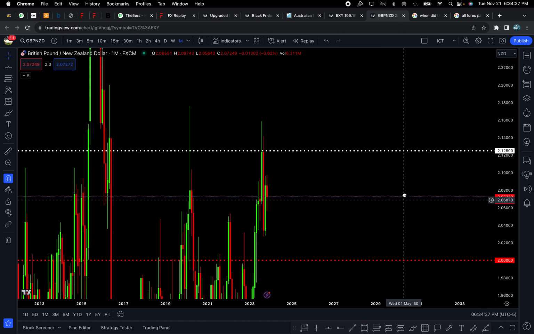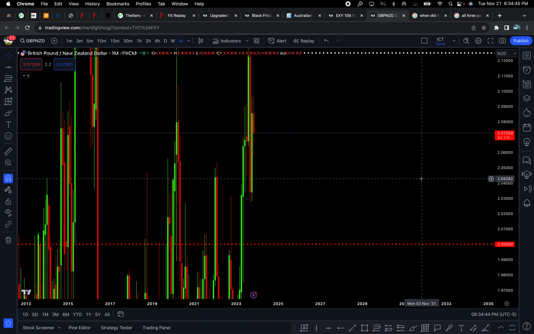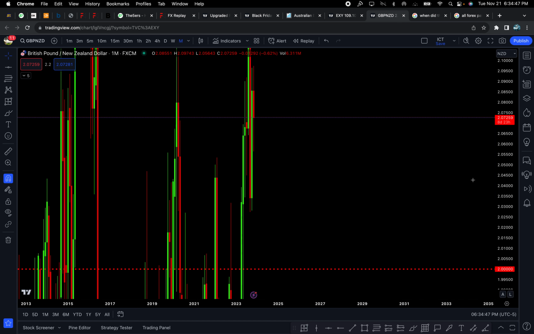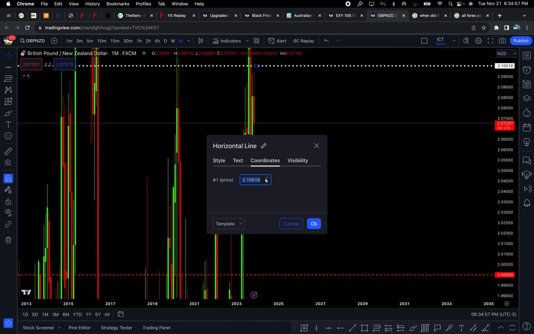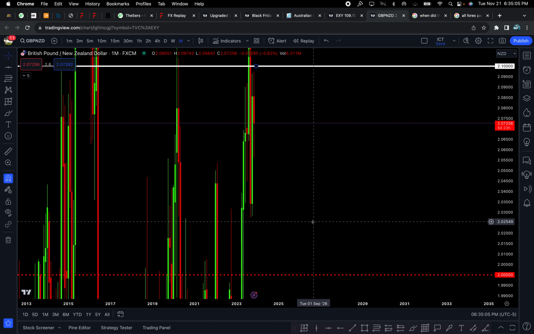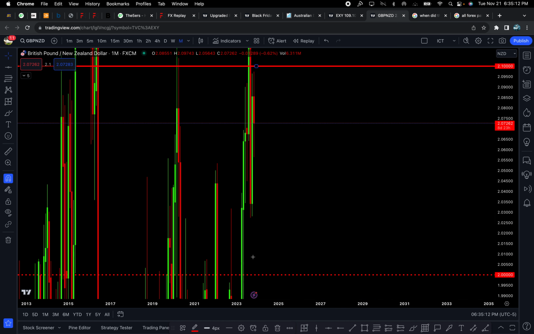My next levels would be 2.0 to 2.1, and that would be how I break down the next levels. And for that I would use solid lines, but I would use red color.